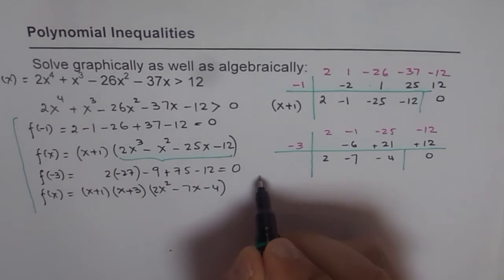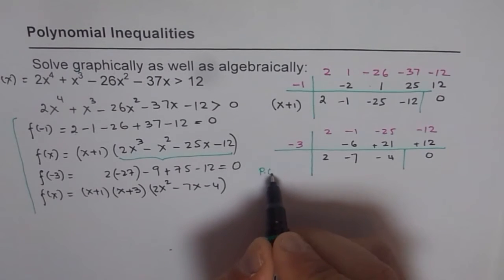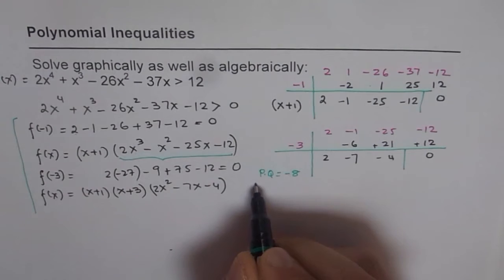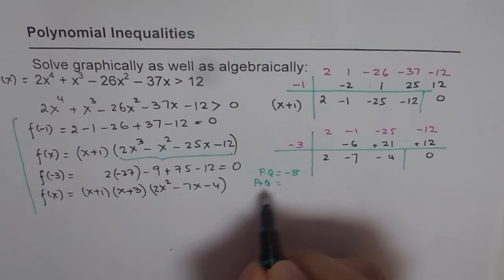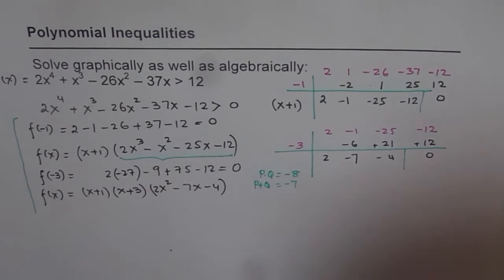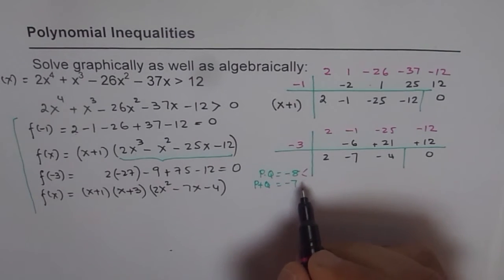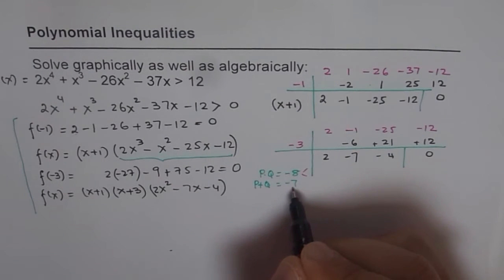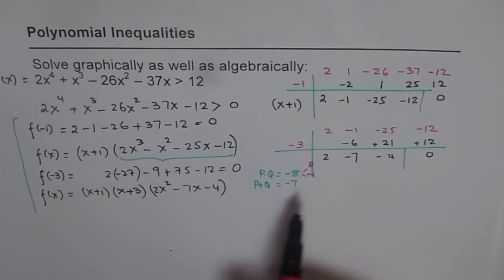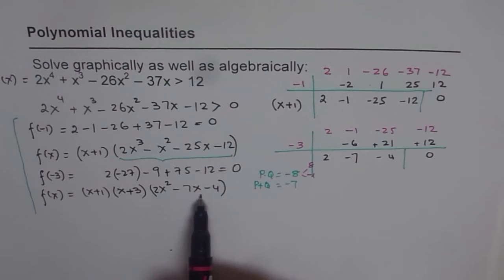You just multiply, and we are using sum and product. So p and q, when you multiply, you're expecting minus 8. And when you add them up, p plus q, you want to have minus 7. So the two magical numbers which you get here are, bigger number should be negative, so 8 and minus 1, right? So if you use 8 and minus 1, you can factor this.